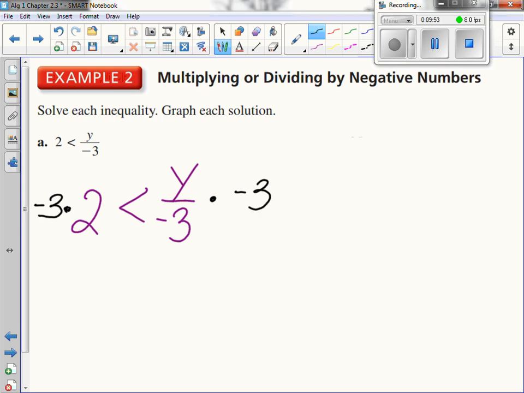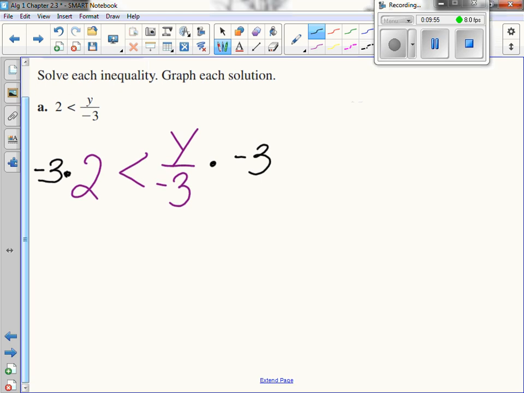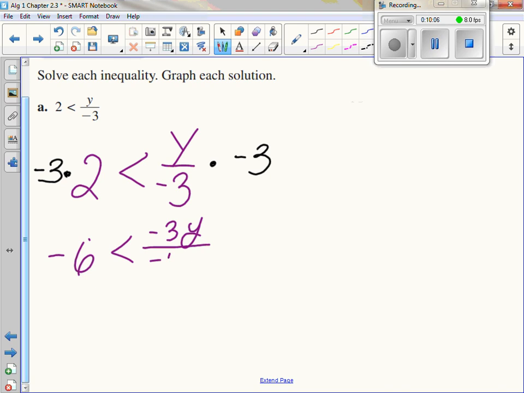Because we multiply both sides by negative 3, negative 3 times 2 is negative 6, is less than... over here, we're going to have negative 3y divided by negative 3. Well, anything divided by itself is 1. So that simplifies to 1, and we get y by itself.